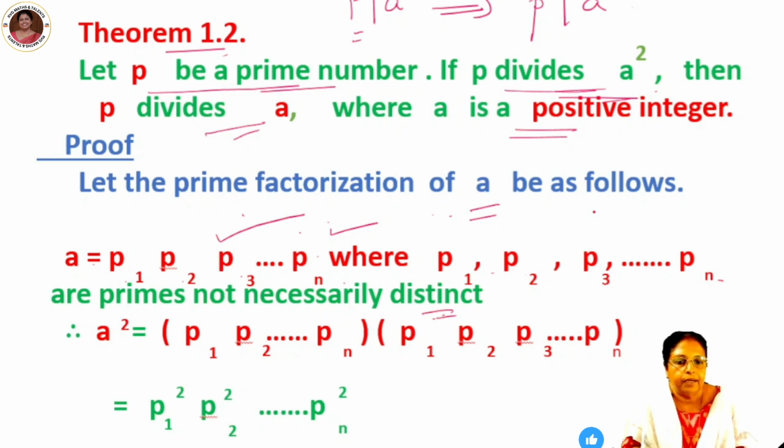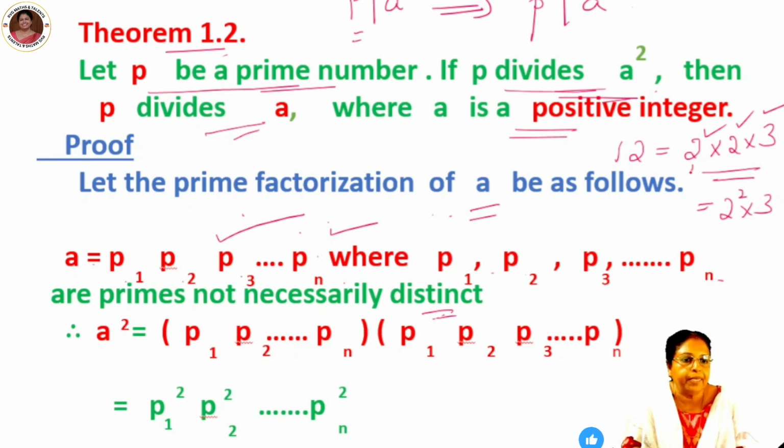For example, we factorize 12: 12 is 2 times 2 times 2 times 3, that is 2 square times 3. Here 2 is a prime factor, 2 is a prime factor, 3 is another prime factor. Then you can call these p1, p2, p3. Here p1 and p2 are not distinct. In the same way, p1, p2, ... pn are not necessarily distinct.